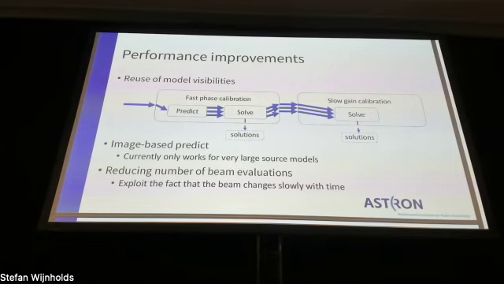Image-based predicts. The disadvantage there is that for each limited time and frequency range, you have to do the whole fast Fourier transform of the image plus the degridding for a relatively small number of visibilities.